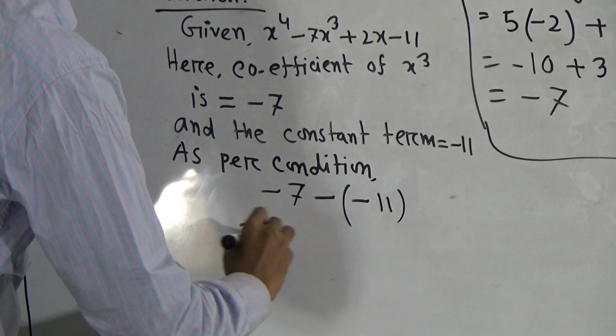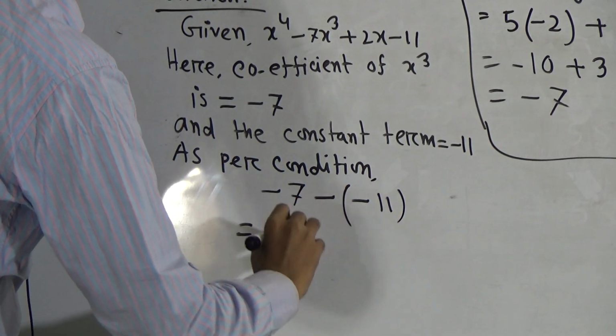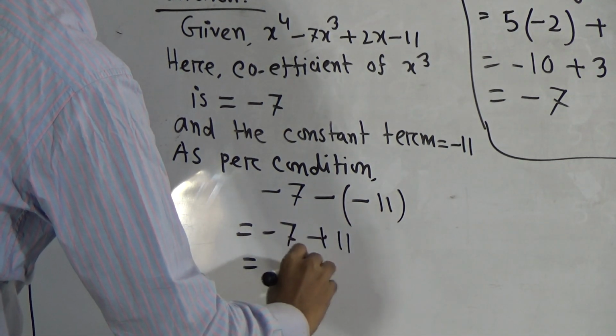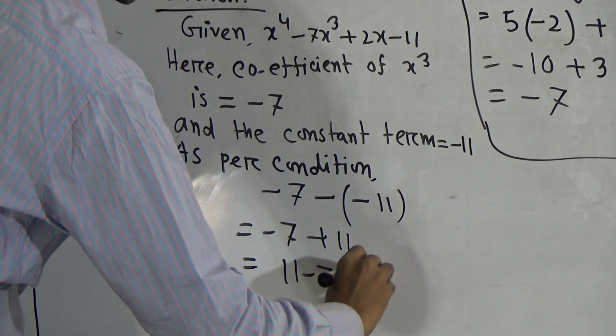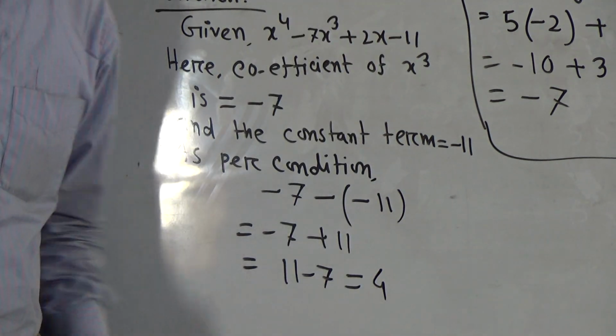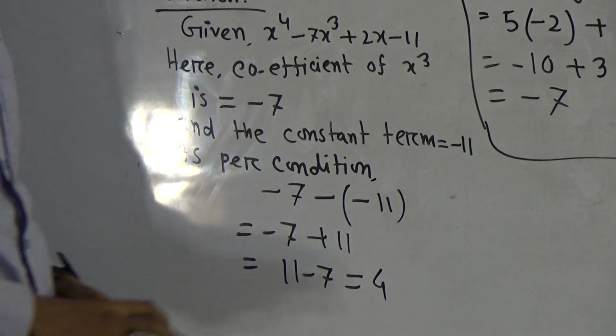Look, minus 7, minus minus is plus, then 11 minus 7. This is equal to 4. So 4 is our required solution.